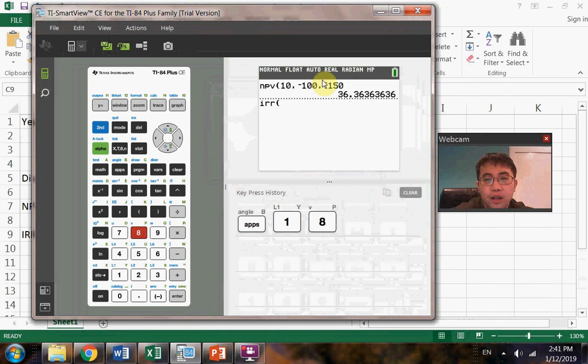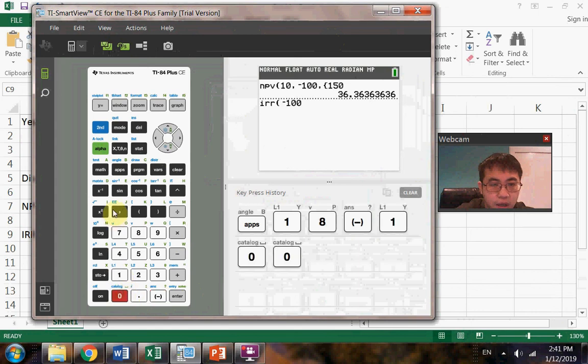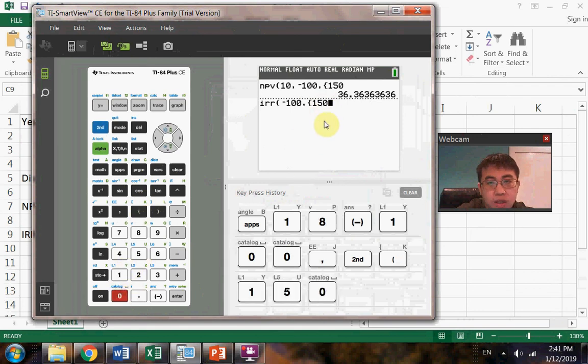When you have IRR, the first thing you need to put is cash flow 0. You put a negative 100 there, and then comma, and then brace, and then you put all the future cash flows. In this particular case, you only have a cash flow 150. Then hit enter. All right, so 50 is your answer. 50% is your internal rate of return.